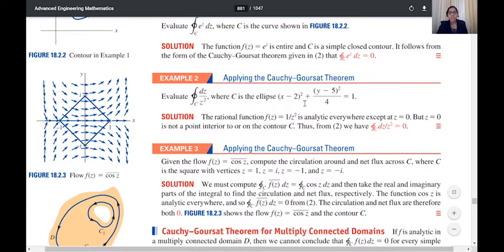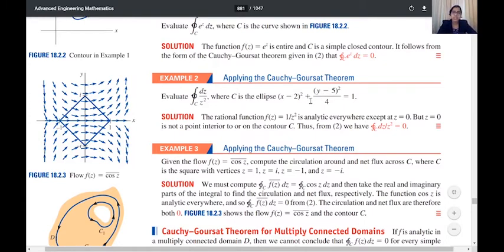How can we check that? We just have to put x = 0 and y = 0 and see. That is (-2)² + (-5)²/4, which is never going to be equal to 1, right? Clearly, z = 0 is not a point on our given contour, nor in its interior.